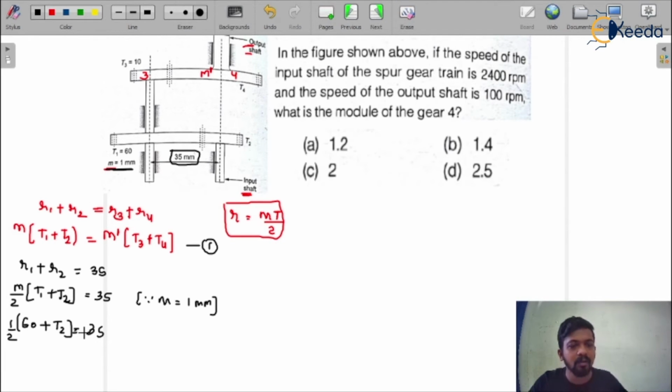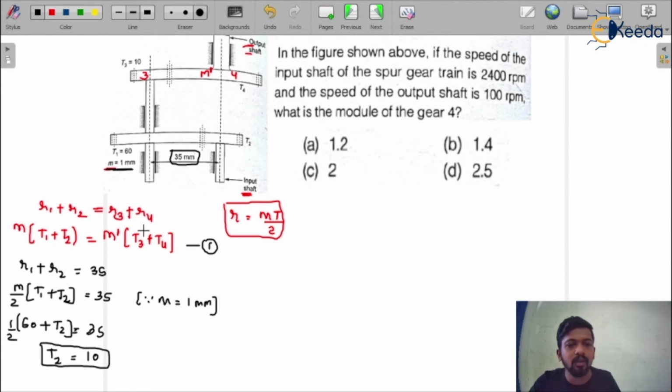From here you can calculate the t2 value. I am calculating using a calculator, and you should calculate as well. With 35 mm given and module 1 mm, you will get the number of teeth on gear 2 as 10.